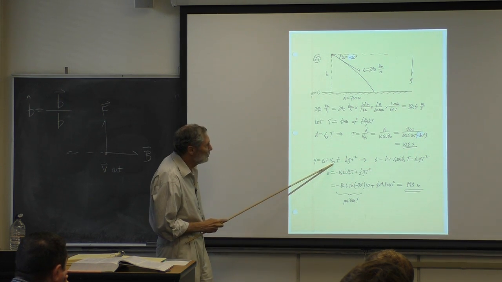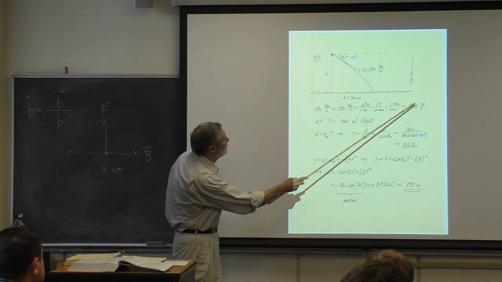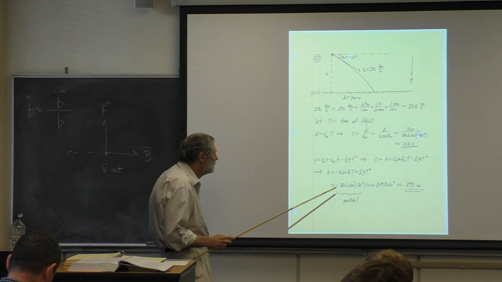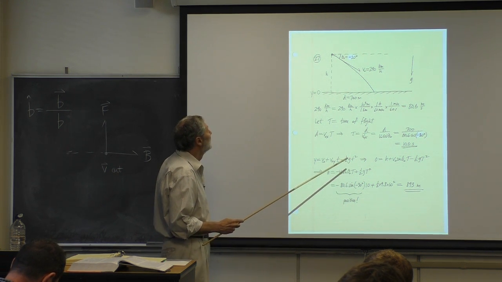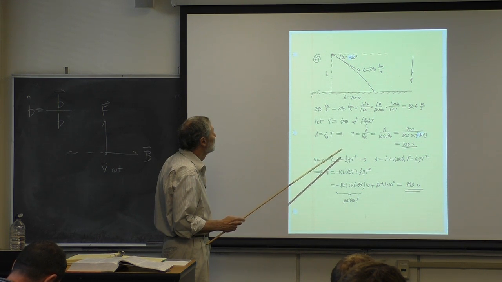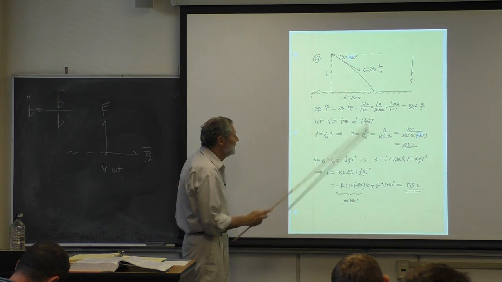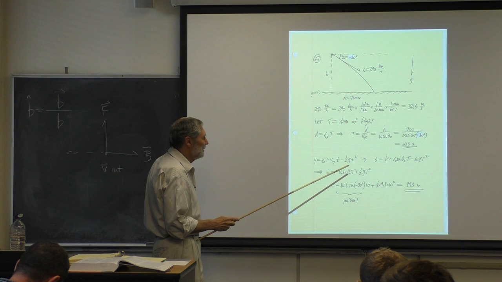The initial y component is v0, the speed, which we know, times the sine. We're looking in the vertical direction. We need to find this component. So it's the sine. And you got to be careful here.